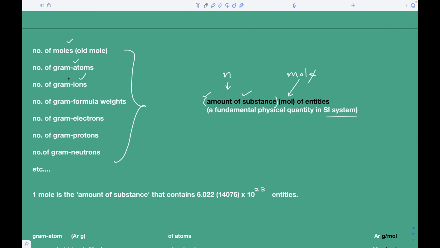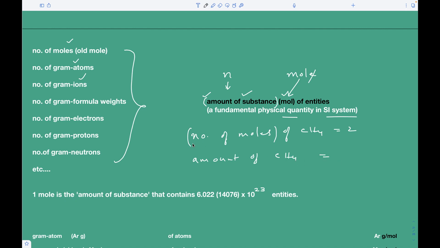But remember, these numbers are dimensionless, whereas amount of substance is a physical quantity and it has the unit mole. So, when you replace these old terms with amount of substance, don't forget to add the unit. Say somewhere you have a line like this: number of moles of methane is equal to 2. You can simply replace this number of moles with amount of substance, or you can simply call it amount of methane.